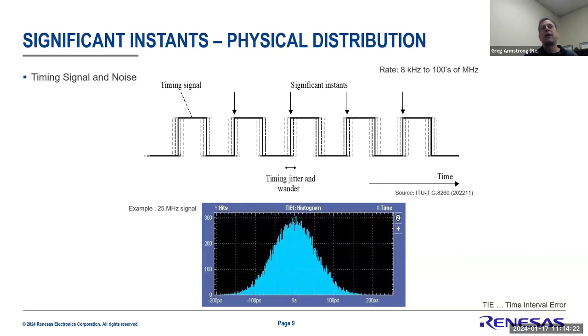And even external environmental components like temperature and other things can influence how fast those edges rise or fall over time. So what you're trying to do is identify at least where those significant events are, and then try to maintain a relatively small time interval error between those events. And a lot of times that's where it comes into the concepts of a servo, which I'll get into later.